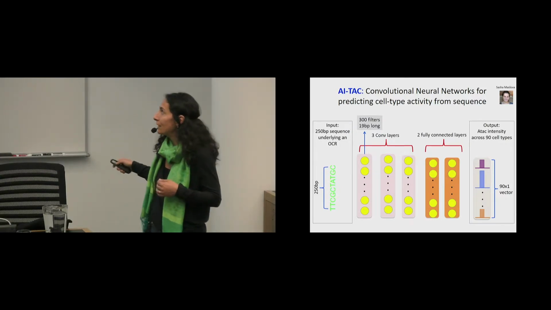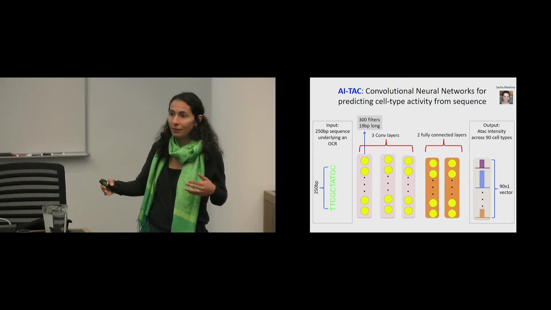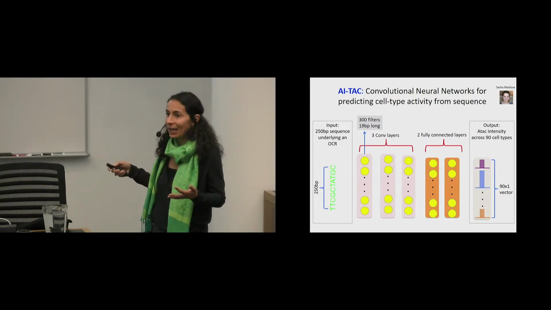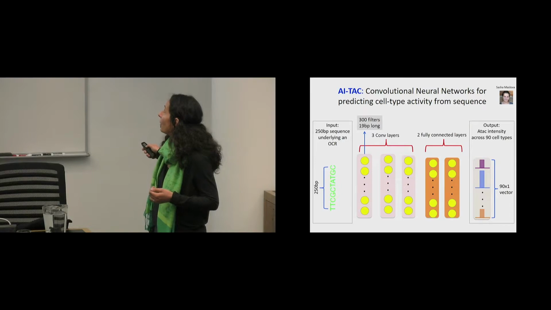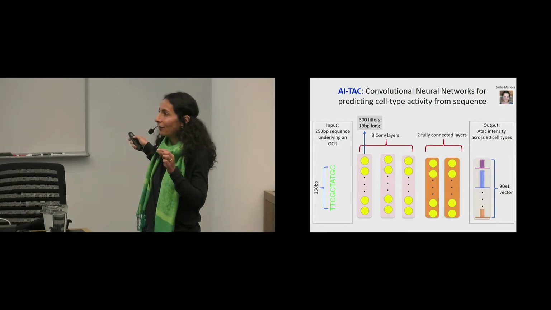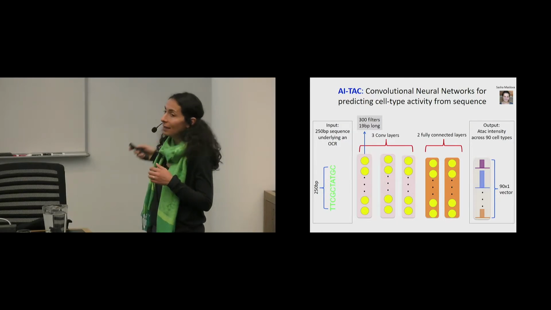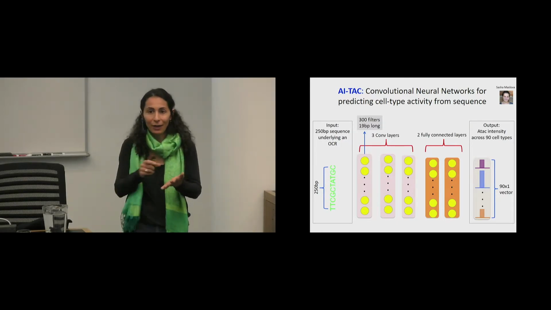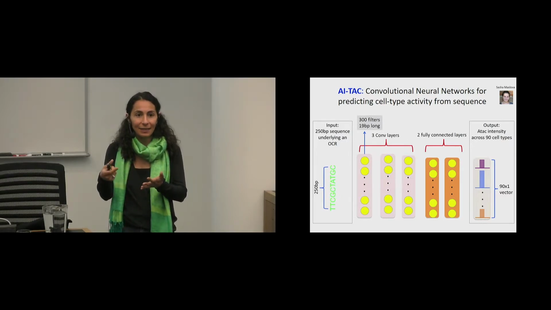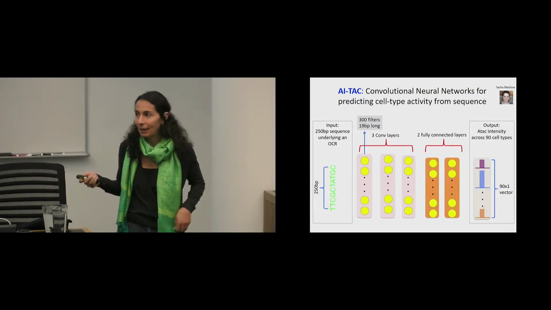So the input sequences are 250 base pairs long. Then we formulate a multitask or multi-output model to predict the activity profile of that sequence across 90 different cell types. For each given cell type, we know the ATAC-Seq intensity, so that's a 90-dimensional real-valued output vector that we want to predict.